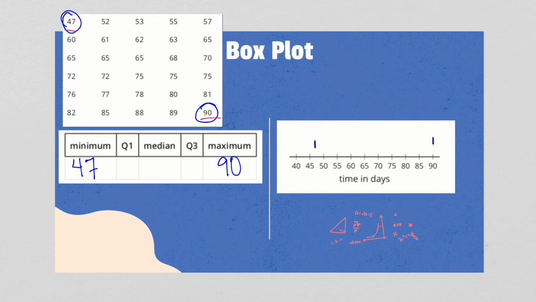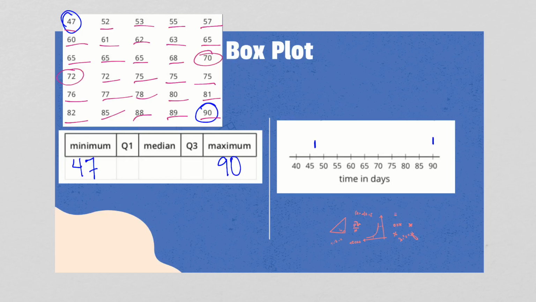So I am going to find our median. Okay, so we have 70 and 72.